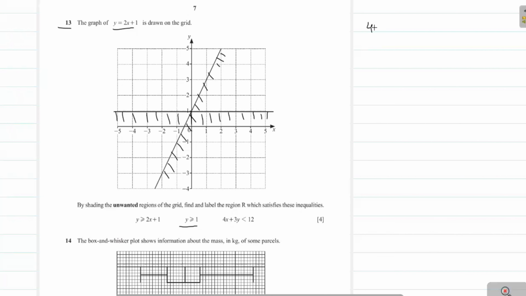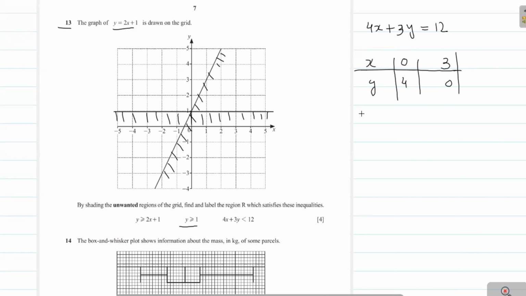Firstly, we will draw the line for 4x plus 3y equal to 12. Now to draw the line, we take some values of x and y. You see here, if we take x as 0, then y will be 4. And when we take y as 0, then x will be 3. We can take other values to draw the graph, but we can draw the line by taking 2 points.